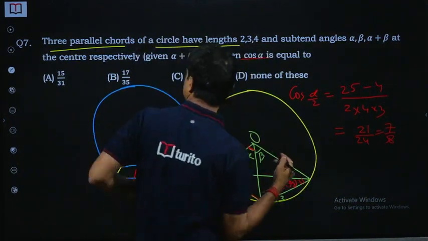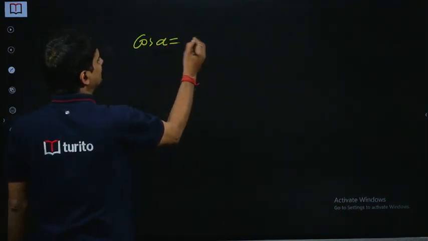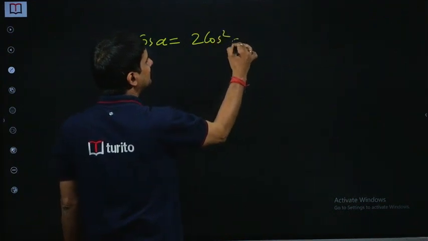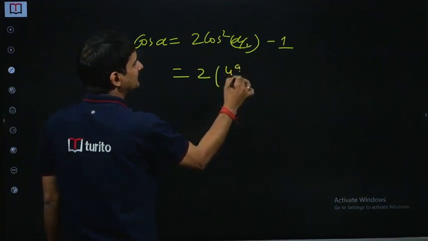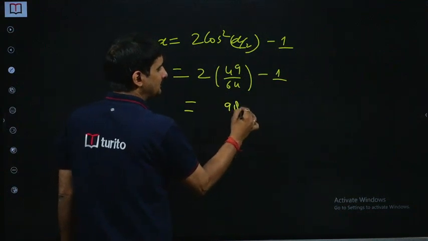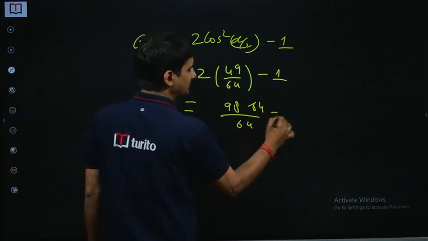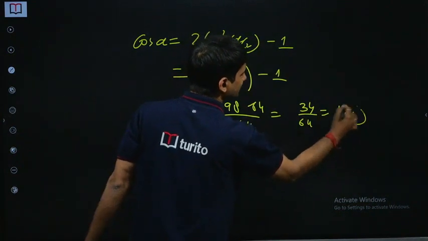Okay, so we need cos alpha. So cos 2 theta is 2 cos square theta minus 1. So 2 into 49 by 64 minus 1. So 98 minus 64 upon 64 is 34 upon 64, which is 17 by 32. So that should be the answer.